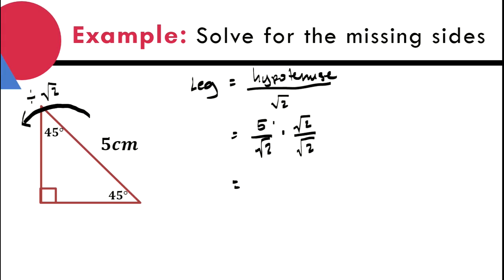Multiply 5 times square root of 2 is 5 square root of 2, over square root of 2 times square root of 2 is square root of 4. Simplify: we have 5 square root of 2 over 2, since 4 is a perfect square number and its square root is 2. Since there is no common factor between 5 and 2, this expression is already simplified. The measure of the leg is 5 square root of 2 over 2 centimeters.